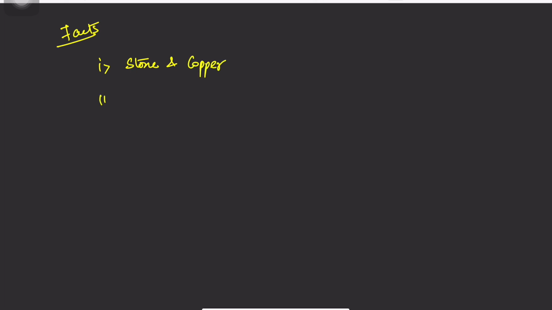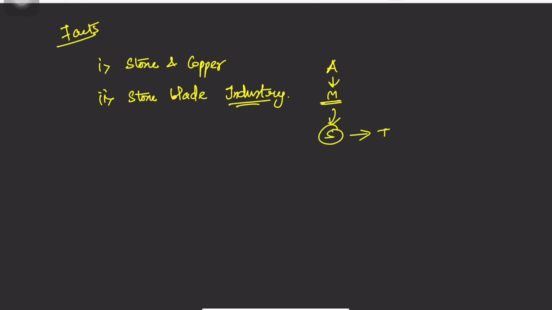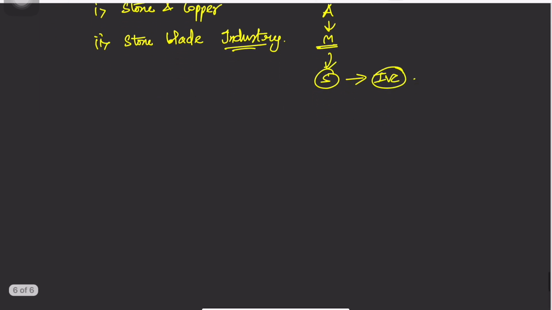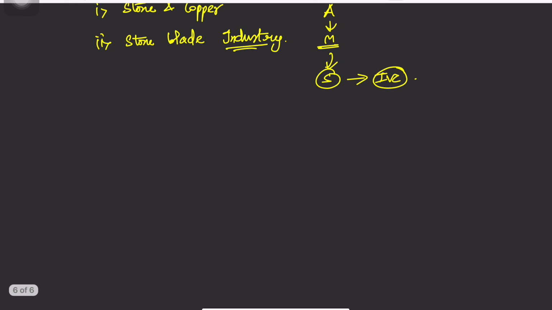Then the flourishing of the stone blade industry. From agriculture to villages, they are starting industries. Okay, agriculture to manufacturing, they come here. Services started in IVC. Okay, stone blade industry. Basically here they have a village economy, they are not urban people like IVC.